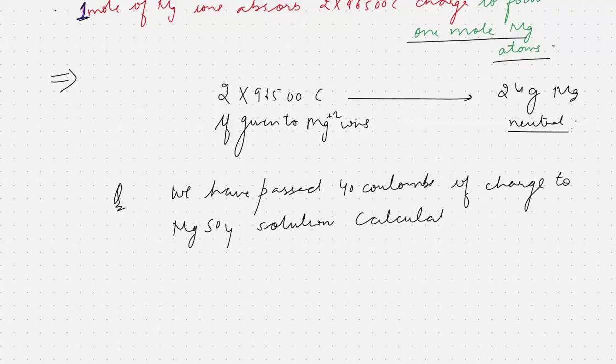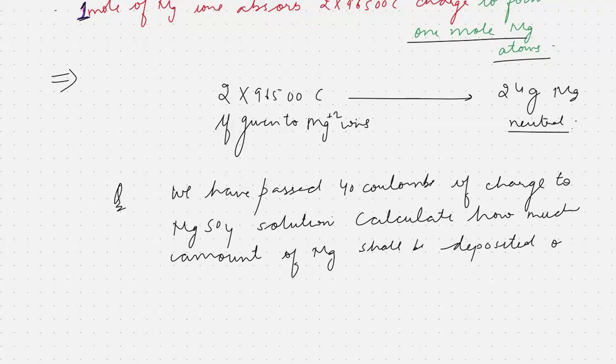Calculate how much amount of magnesium shall be deposited on the cathode. That's what the question says. So what does that mean? Just tell me. How much amount of magnesium shall be deposited on the cathode?